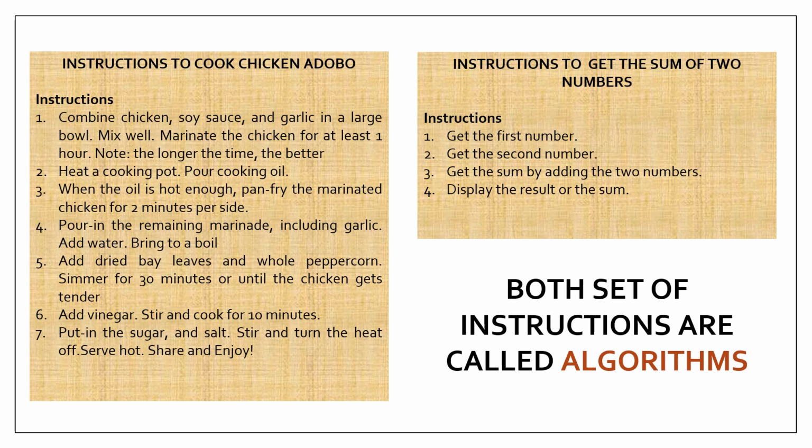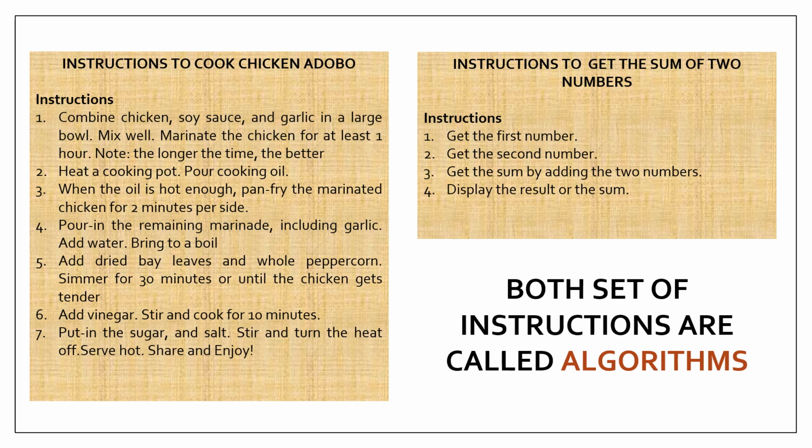Now, before we formally proceed to the definition of algorithms, I need you to observe the following figures shown on your screen right now. On the left side is a set of instructions of a chicken recipe, and on the right side is also a set of instructions to getting the sum of two numbers.